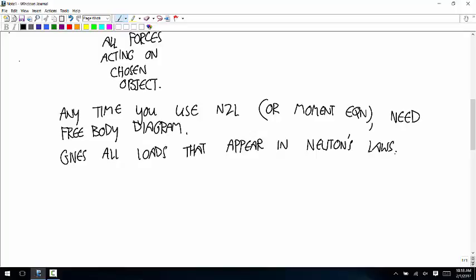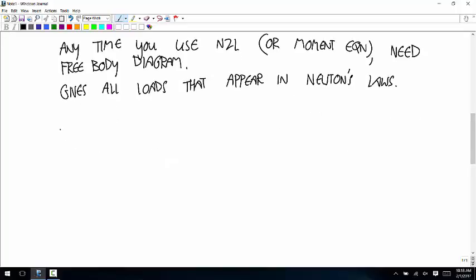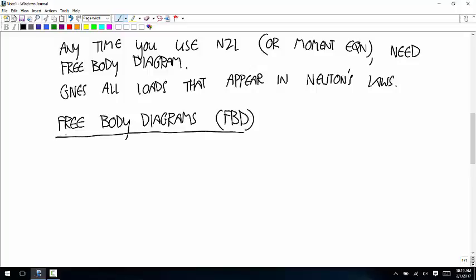So I want to start by giving some rules for free body diagrams. So the first thing is you need to draw a closed outline of the chosen body.